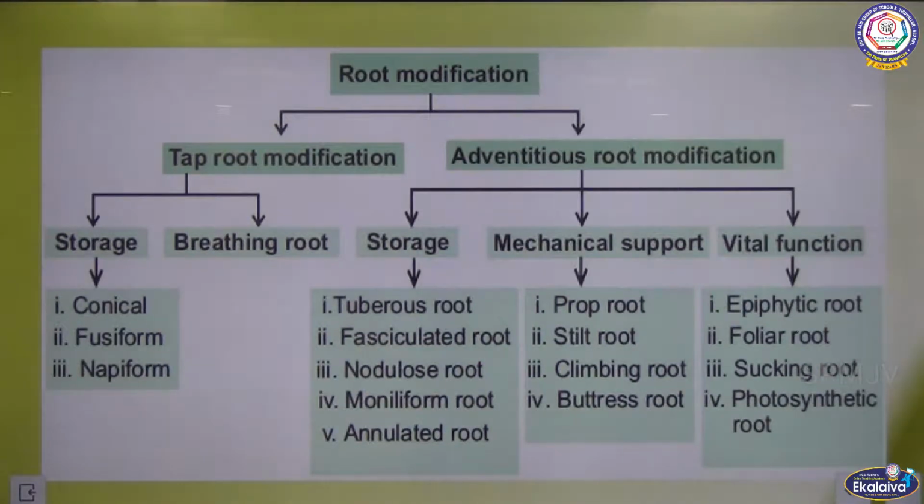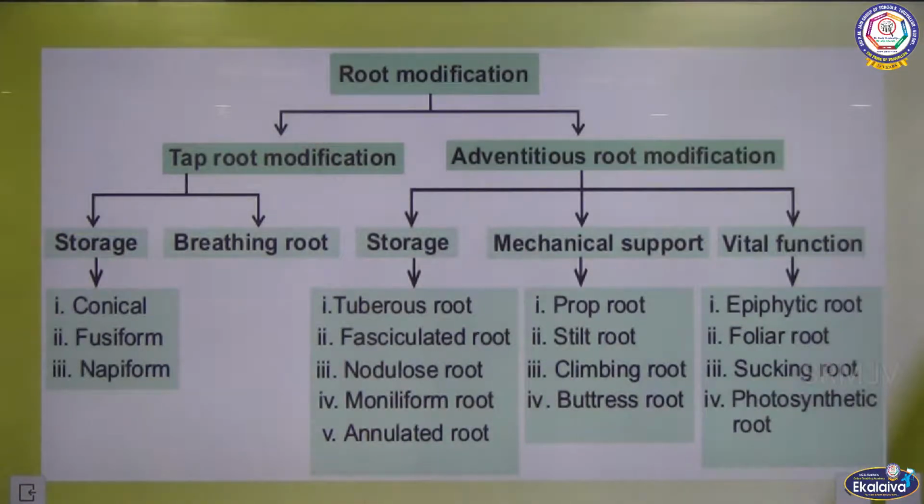And to attain this modification, the roots are modified in their structure for performing different functions, like either they store the food material, they may provide a mechanical support, or they may do any other vital functions. So, here we will see the modification of the root in taproot as well as adventitious root modification.